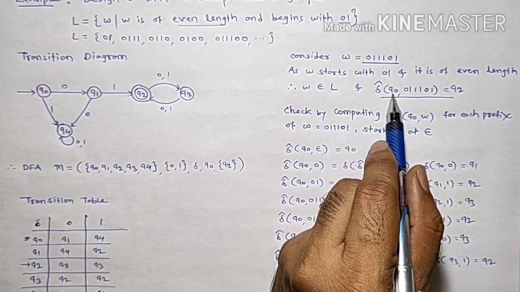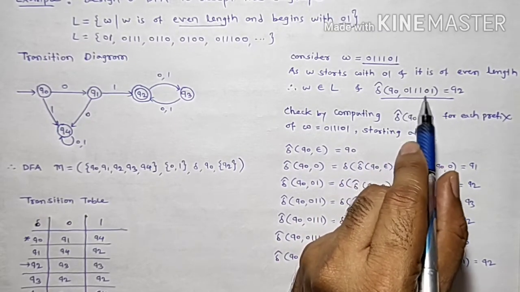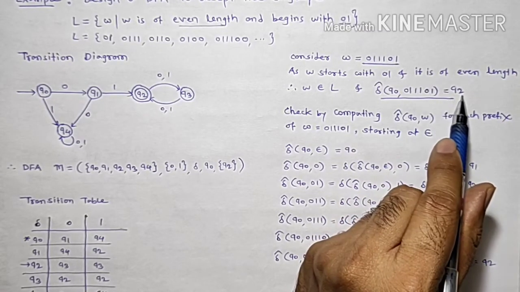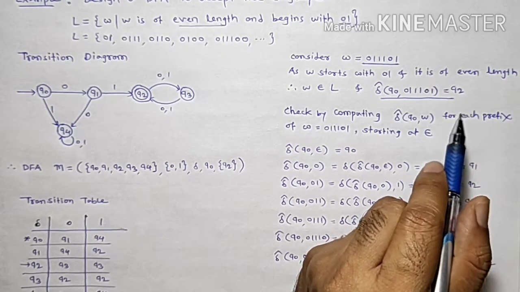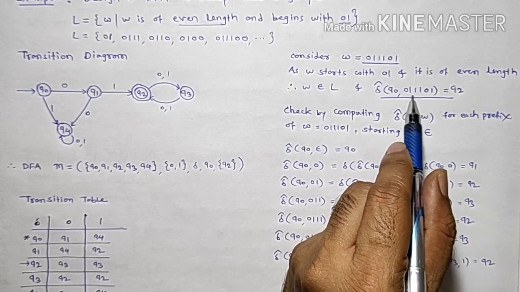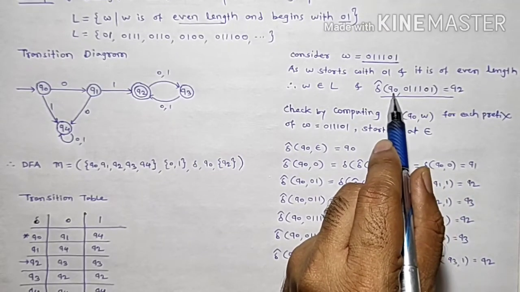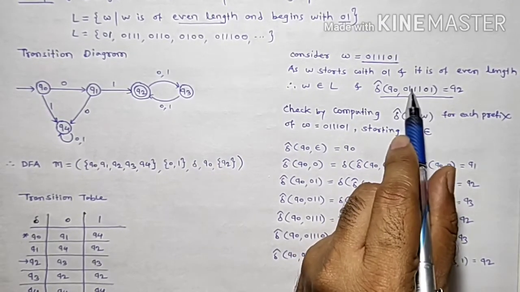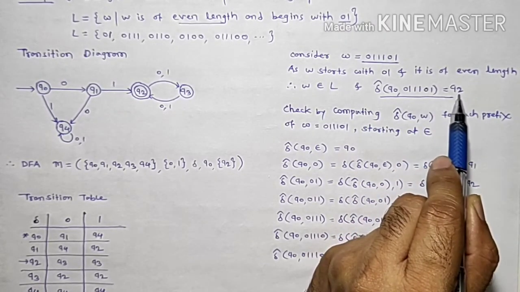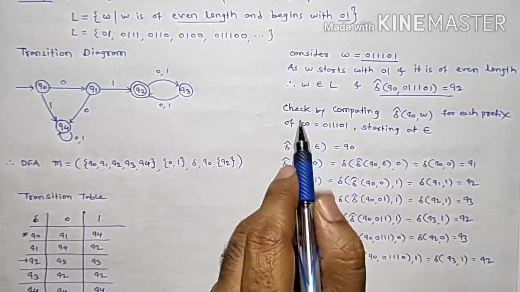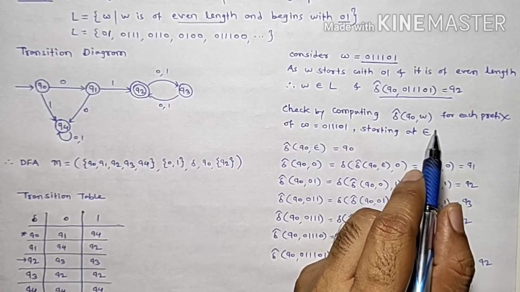Starting with initial state Q0 and after reading all the symbols of this string one by one, the DFA resides in Q2, that is a final state, which means the DFA accepts this string. We can compute the delta cap value gradually.